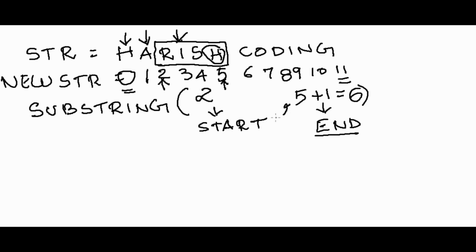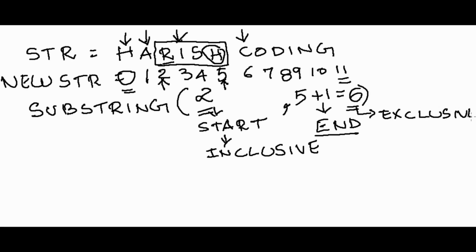You might get confused: if the start index is 2 and the end index is 6, then 2 is R and the end index 6 is C. So we would get RISH including C, but we need only RISH. But internally, if you give 2 and 6, the start index is inclusive. Inclusive means if you give 2, Java will start reading from the second index, whereas the end index is exclusive.